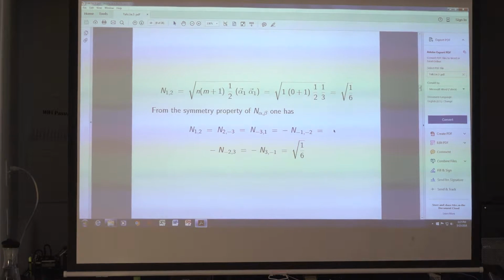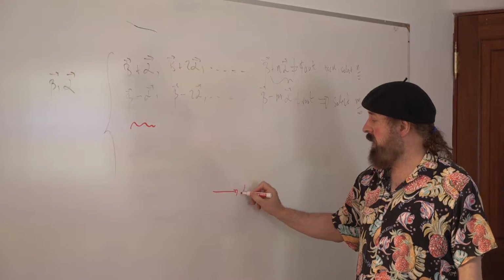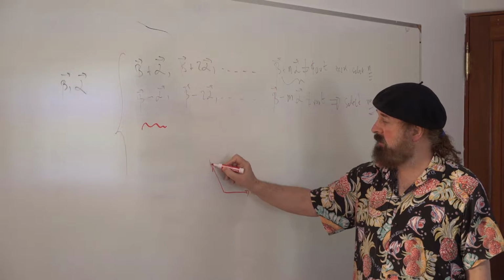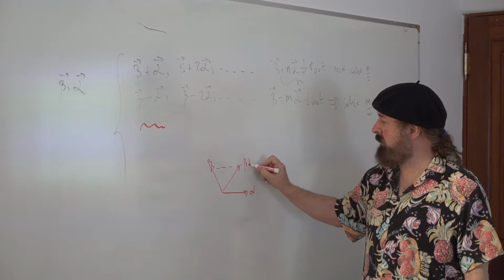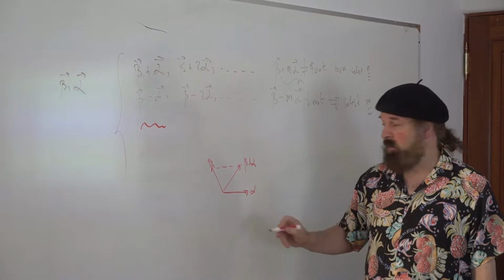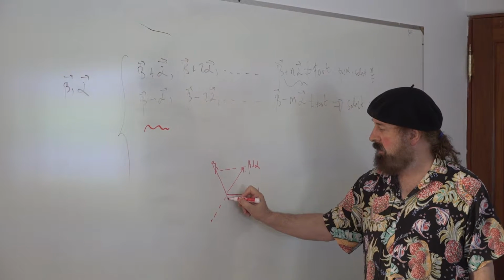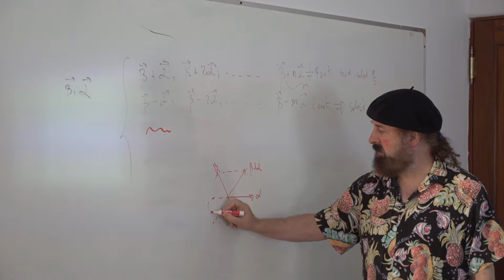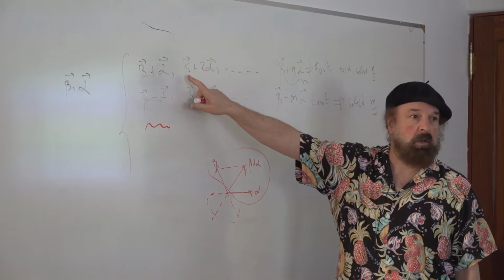Remember when we drew the hexagon yesterday, for the case of SU2, we had one root alpha and another beta, and then we drew the combination of beta plus alpha, and then you do the mirror images, and then you get your nice hexagon. That's SU2.